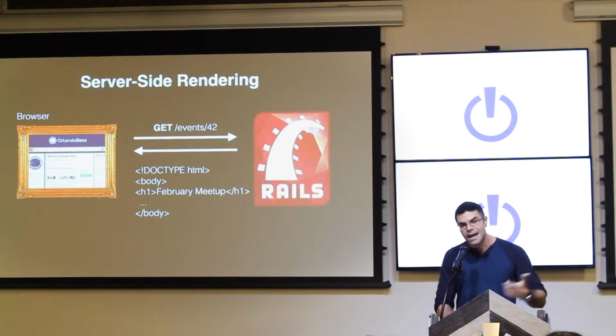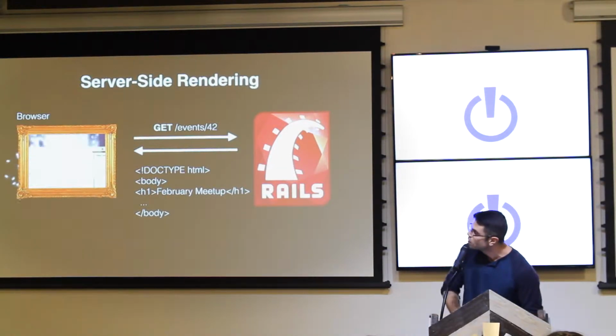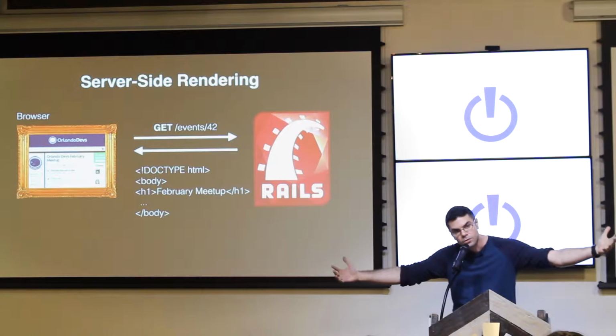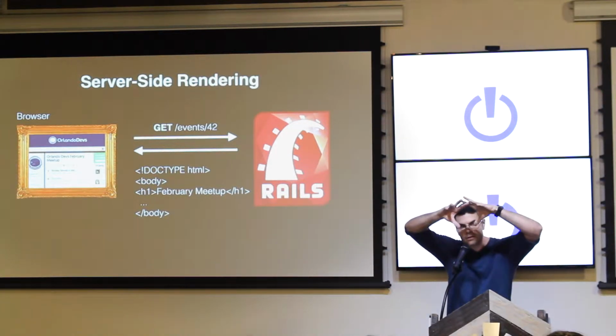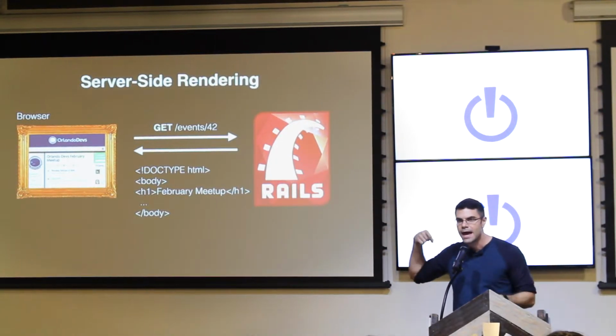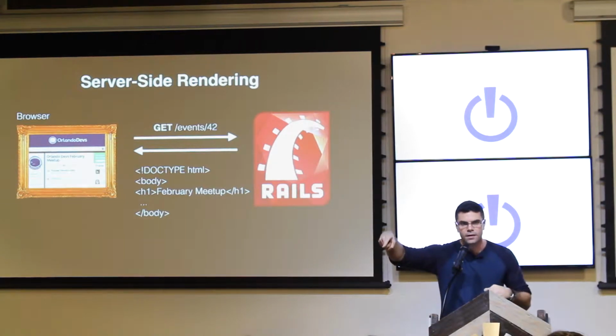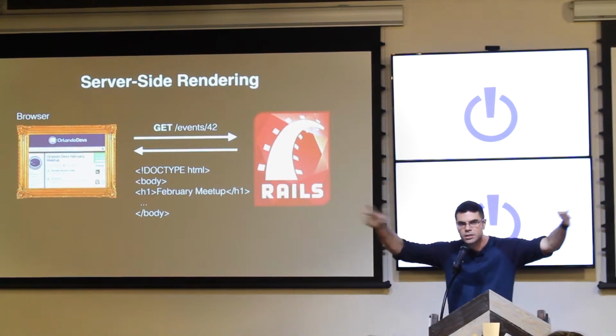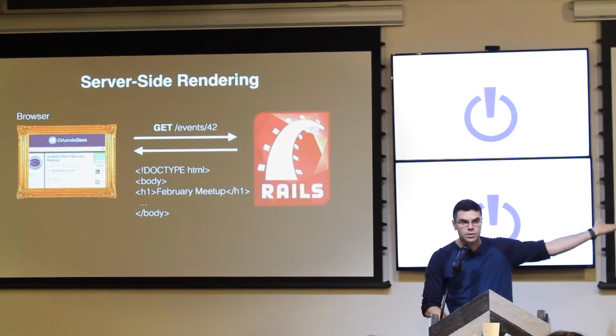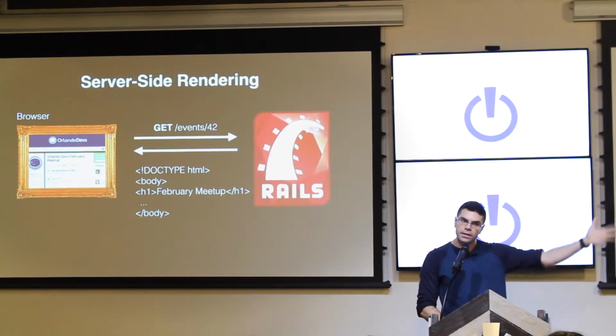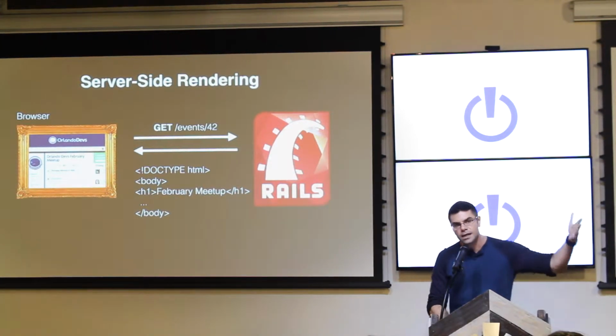Again, once that HTML reaches the client, we see a full page reload, right? So we see the page blinking for a little bit. If we had our mouse focused on a specific text input and we lost the focus, we lost everything. That's a full page reload, and that's what Rails got really good at for the last 10 or so years.